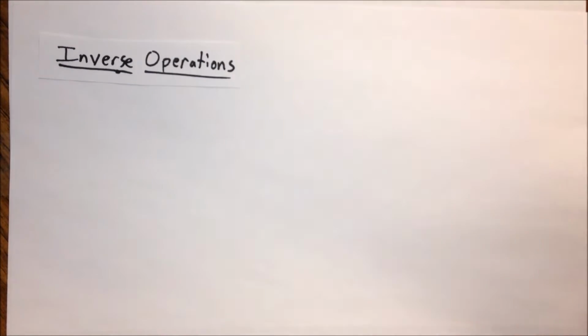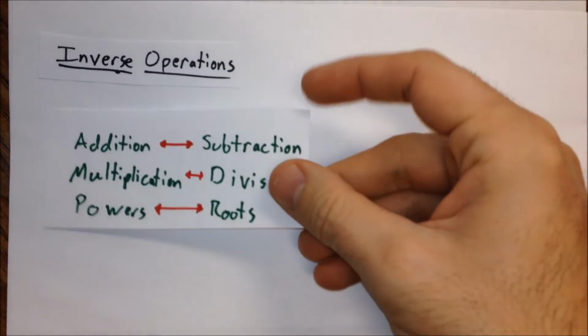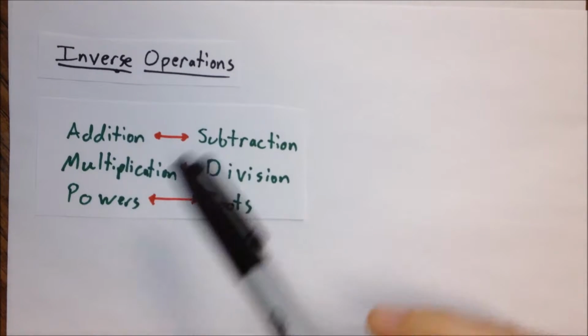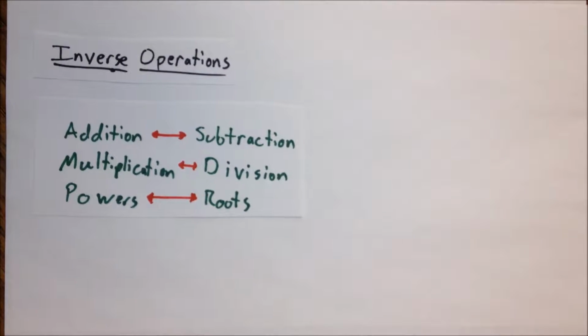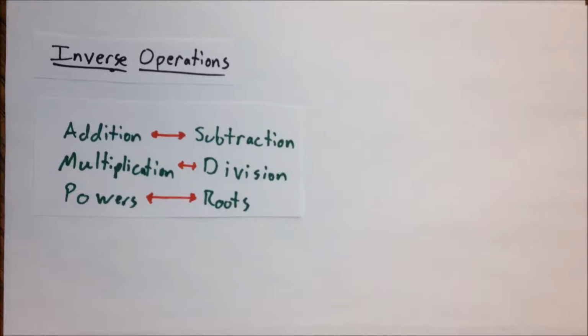If you've been with us the last few lessons, you know we've been discussing inverse operations, where an inverse operation is just an operation that has an opposite effect on the equation of the one you started with. We've seen three main examples so far. We've seen that addition and subtraction are inverse operations. We've seen multiplication and division are inverse operations, and we've seen that powers and roots are inverse operations.